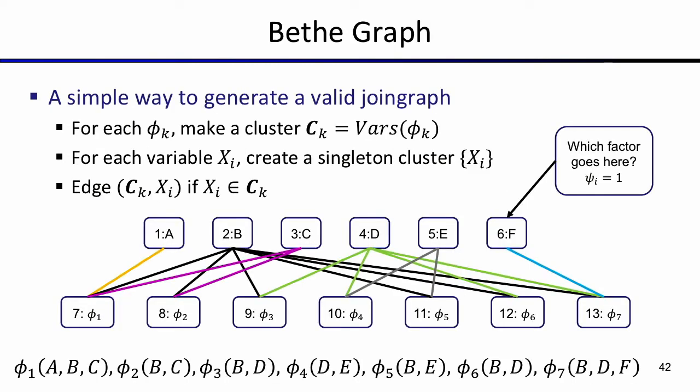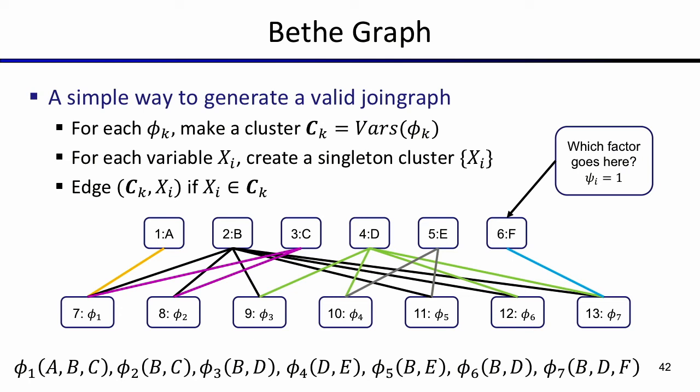So there are a few situations where we need to have a valid join graph for a network that we want to build really quickly, and the beta graph is one of these join graphs that we can use. It is a very simple join graph. It's going to be very efficient because it has small clusters and also small separators, but we can expect that it's going to be a sort of degenerate case, right?